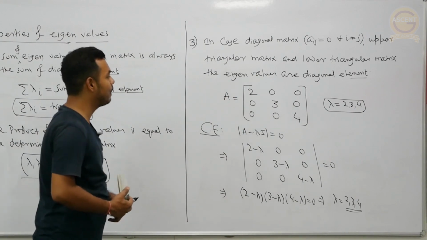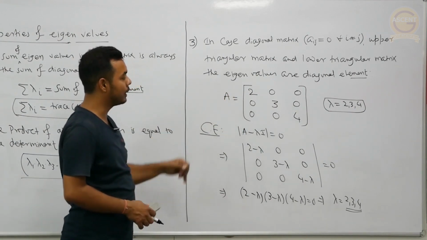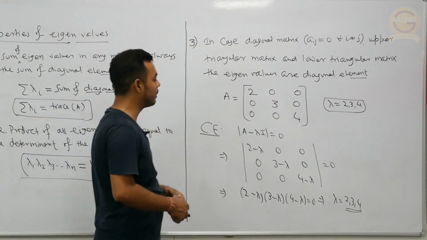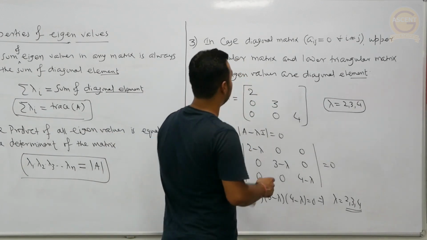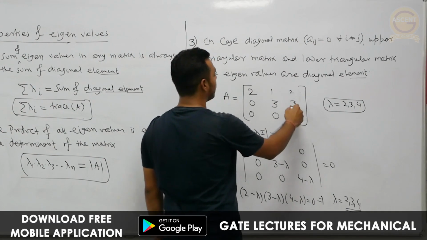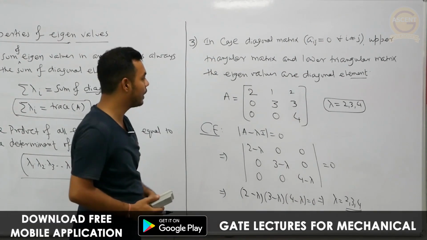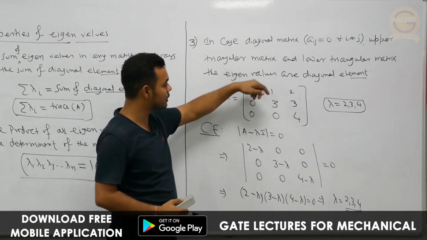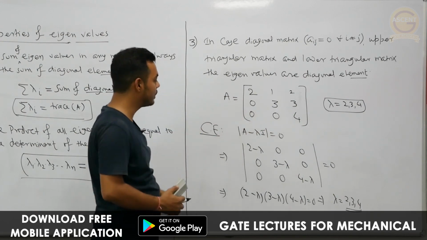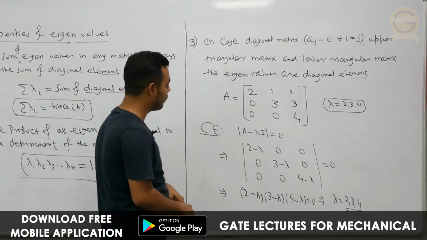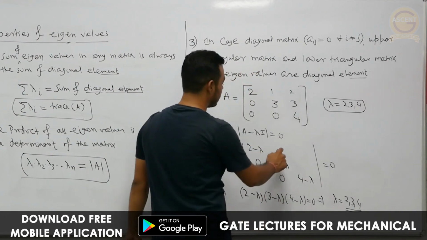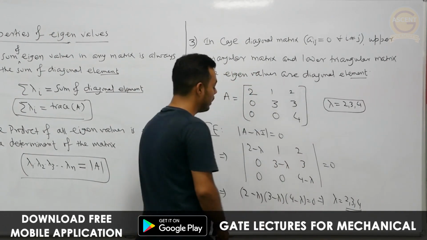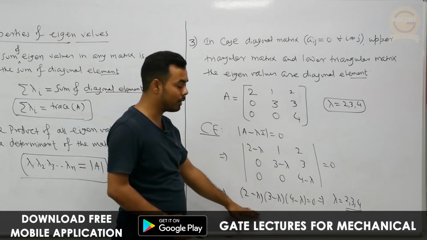The same thing will happen if the matrix is a triangular matrix, either lower triangular or upper triangular. For example, suppose I had another matrix, where I have the numbers 1, 2, 3. Now this is an example of a triangular matrix. This is an upper triangular matrix because the elements below the leading diagonal are 0. Here again, if you have to find the eigenvalues, what do you have to do? You have to solve the characteristic equation. So I will get 1, 2, 3 here. But this characteristic equation will not change.